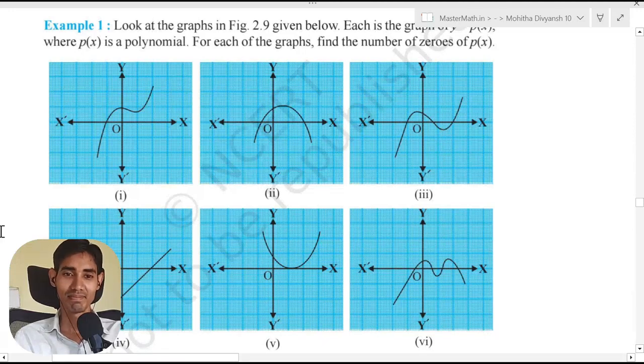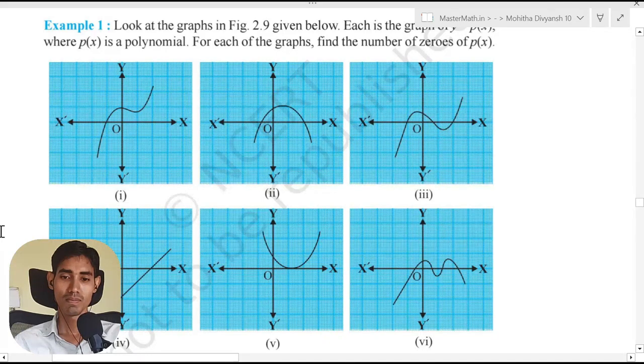The first one's 1, the second is 2, third is 3, fourth one is 1, fifth is 1, and sixth is 4. Okay.